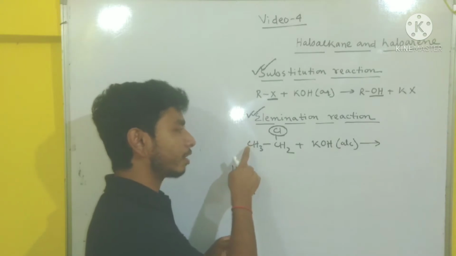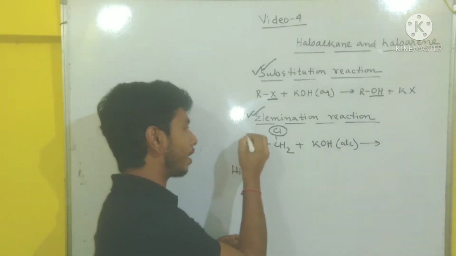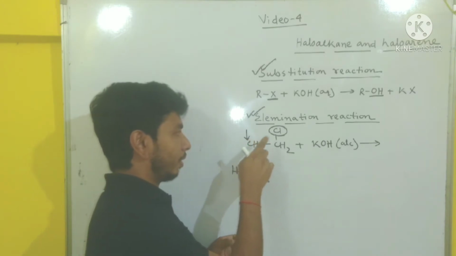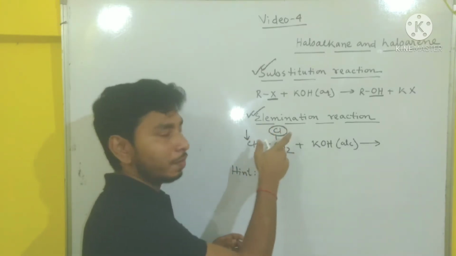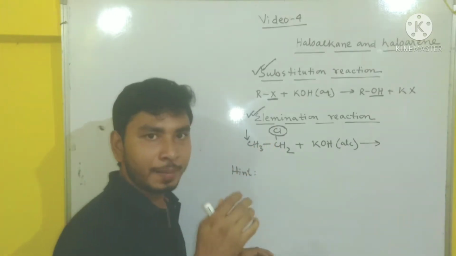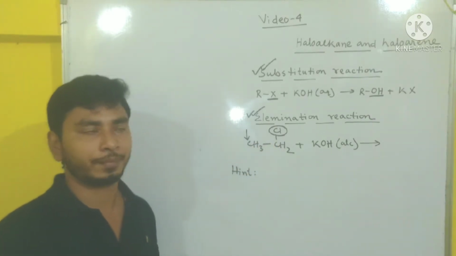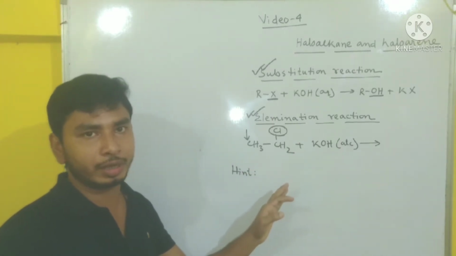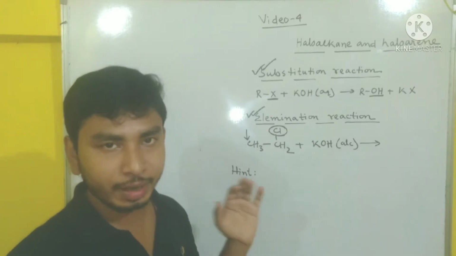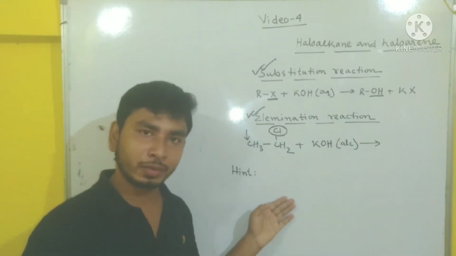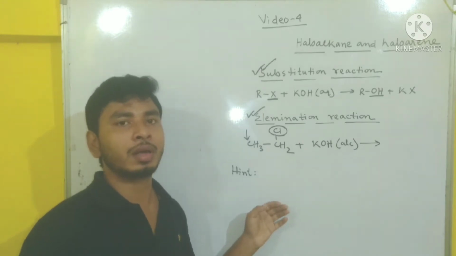So this is the adjacent carbon. One hydrogen from this carbon and the halogen are removed, and the carbon-carbon single bond becomes a carbon-carbon double bond.